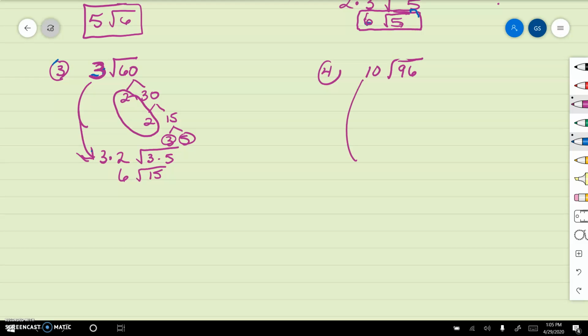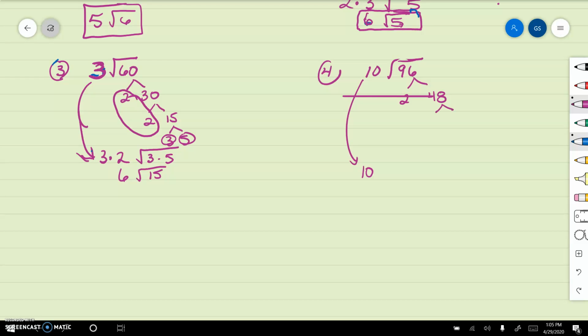Okay. 10 gets saved for later, so bring it down. 96 is even, so we could do 2 times 48. Just ignore that stupid line there.